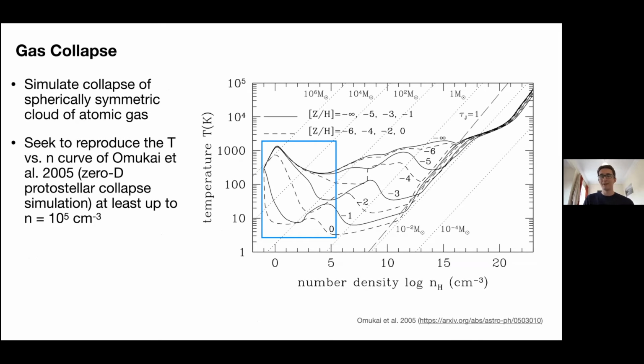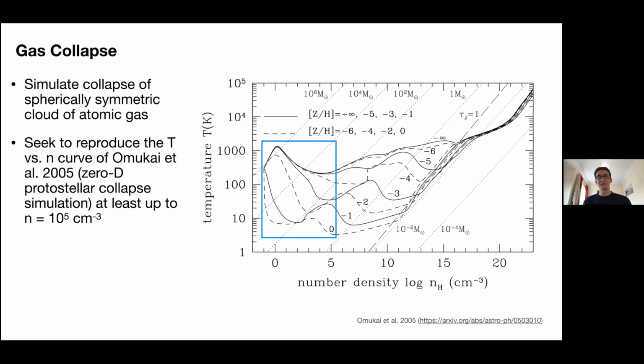And I've also been interested in testing idealized cloud collapses. So this is something star formation researchers study very well. I use it as a model to test my code. So I found this paper by Omukai and others from 2005, where they use a chemical network very much like mine, and indeed mine is based off of theirs, in a single cell model where they force the density of the gas to go as an idealized power law.